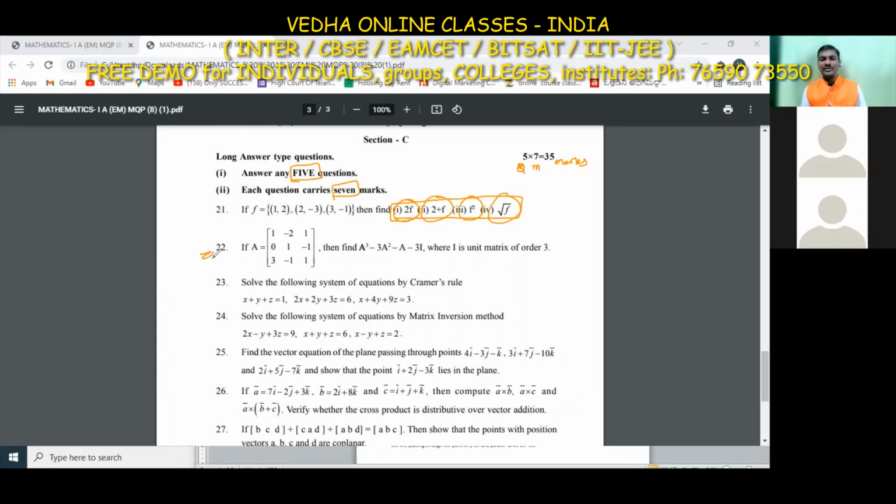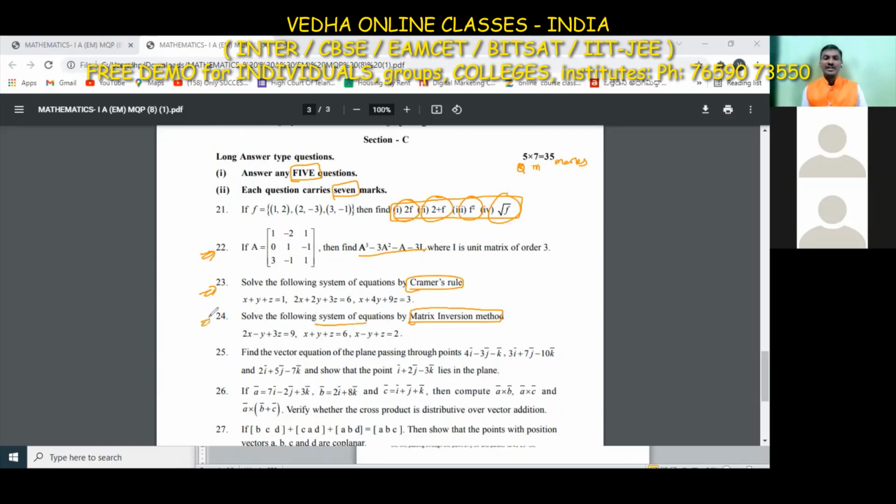Next, question number 22 is again from the matrices. This is a multiplication related question. And question number 23 is from Cramer's rule, solving the equations. After that, this question is from the matrix inversion method, solving equations.